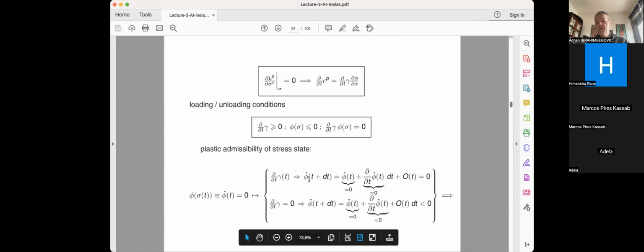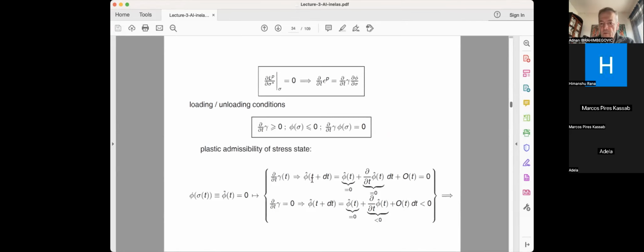I ask myself what happens in phi of t plus dt. So I can take a Taylor formula, assuming smoothness of this function, to be phi of t, which is already 0 because at time t I was plastifying, and then phi dot, that is the time derivative, plus the terms that are of the order of dt squared and so on and so forth that I can neglect.